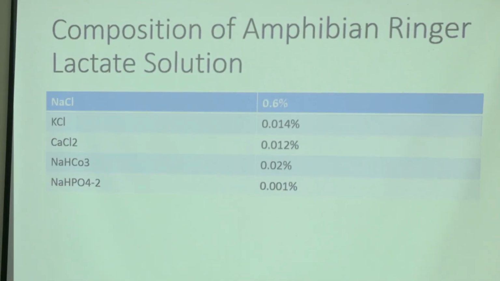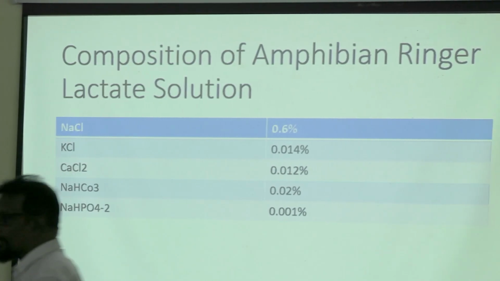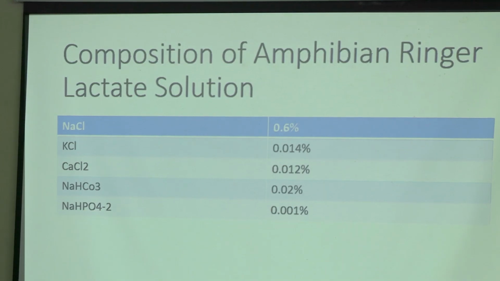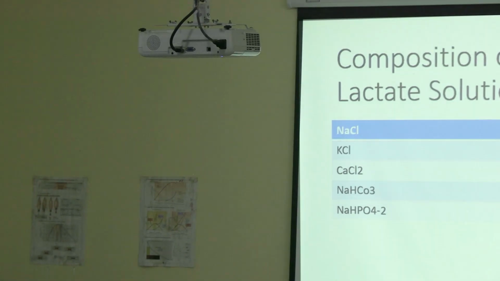For its composition, you need sodium chloride to maintain the osmotic pressure of the fluid, potassium chloride for maintaining excitability of the tissues, and calcium chloride, which is needed for contraction of the muscles. The other two, sodium bicarbonate and sodium hydrogen phosphate, are buffers, so they will maintain the pH.